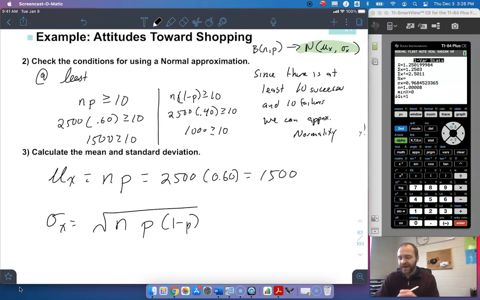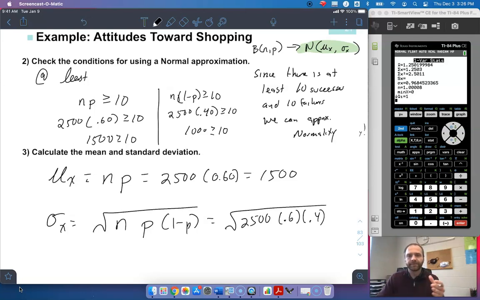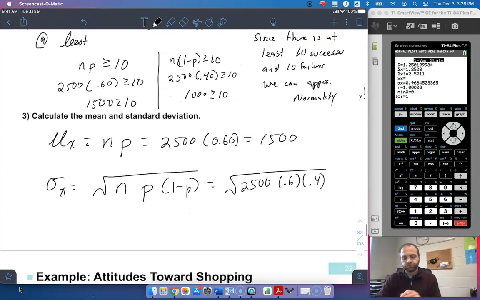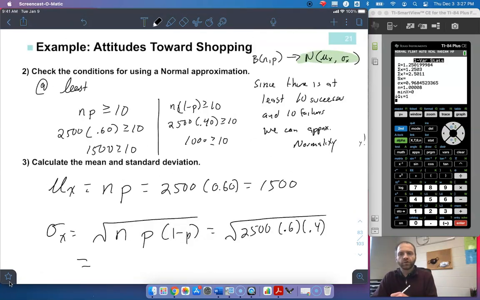And when I'm looking at that, I'm going to take the square root of 2,500 times 0.6 times 0.4. And in that case, that's going to be about 24.49. And so I'll write it a little bit nicer. Sorry, my handwriting's getting worse. About 24.49.